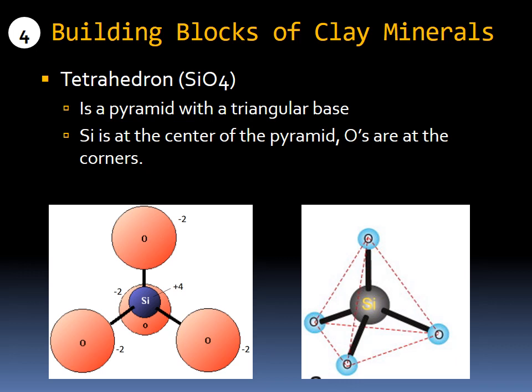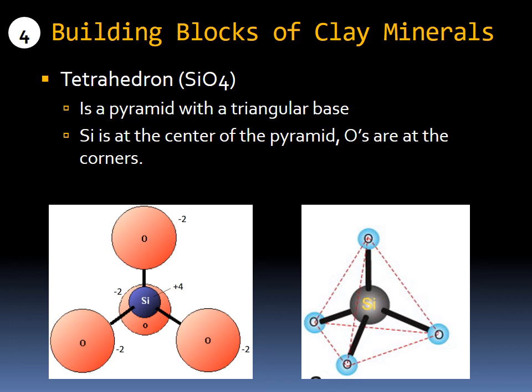We have the first one, which is called tetrahedron. Now tetrahedron is from its name: tetra means four sides. In the clay, you have a silicon atom at the center surrounded by four oxygen atoms, structured and distributed as a pyramid shape.